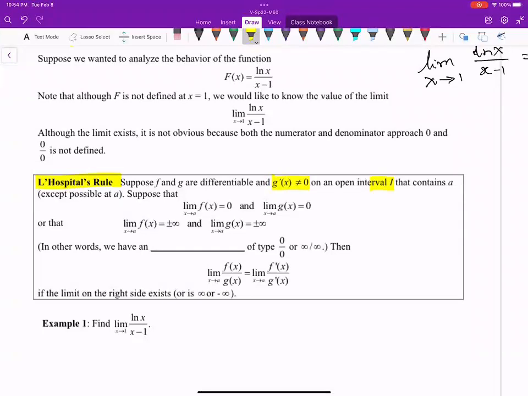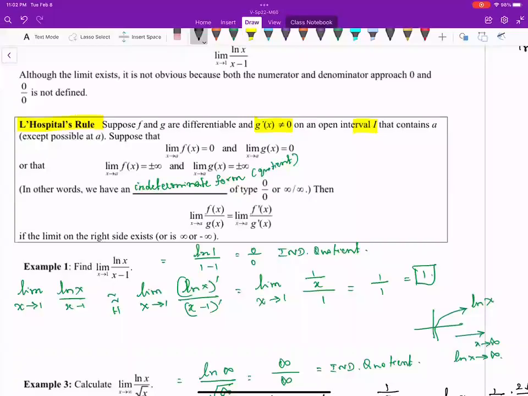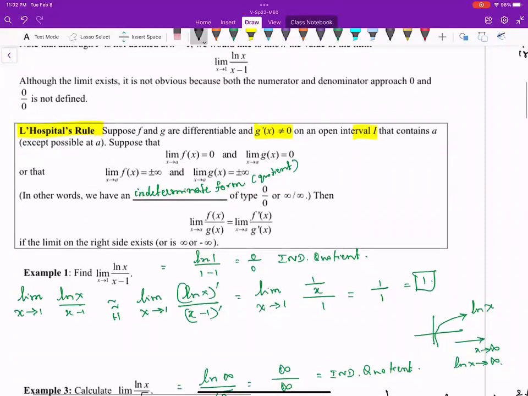In other words, we have an indeterminate form of the quotient type, which is 0 over 0 or infinity over infinity. Then the limit as x approaches a of f of x over g of x equals the limit as x approaches a of the derivative of f of x over the derivative of g of x, if the limit on the right hand side exists or is equal to infinity or negative infinity.